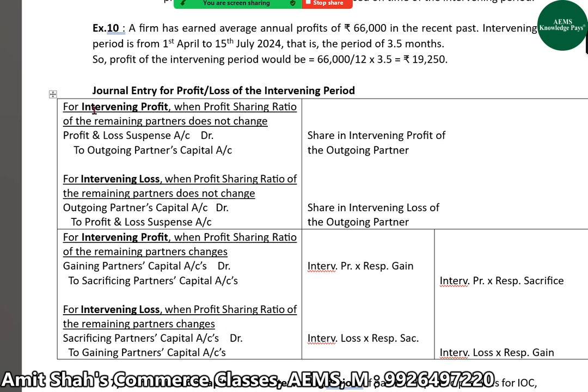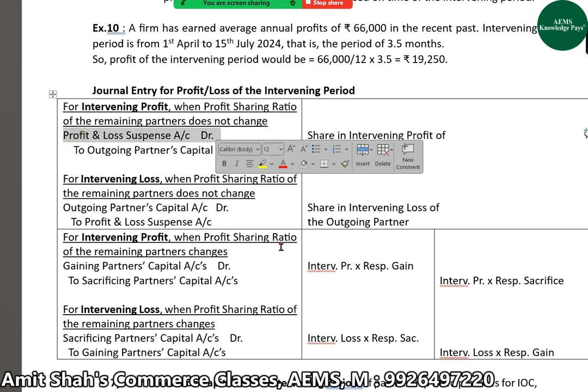So once you pass these entries in which P&L suspense account is there, in your ledger, this account will also be there because of the journal entries. At the year end, when you make the trial balance, you will show the balance of P&L suspense in the trial balance as well, because it is there in the ledger. So from the ledger, it will also go to the trial balance.